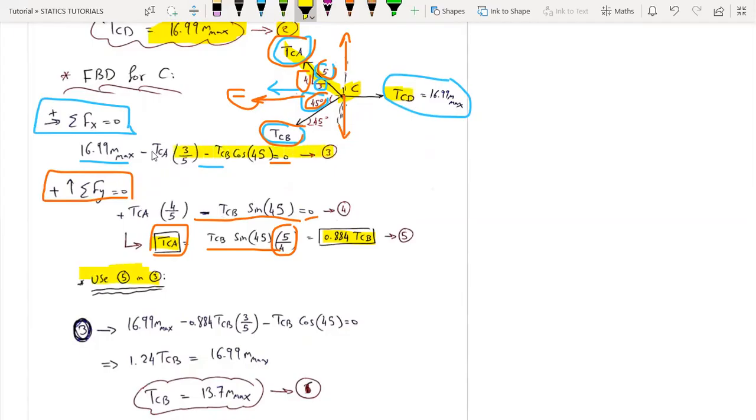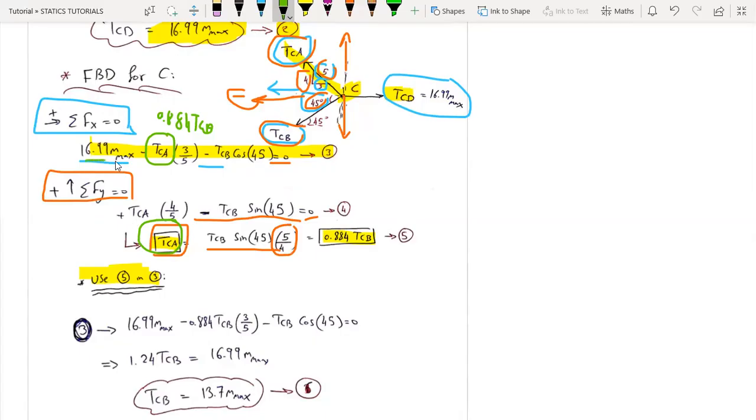So now here we can use equation 5 and equation 3. We have found TCA, so we can put the value here, 0.884 TCB, and we are left with one equation, and we can get TCB in terms of M maximum.